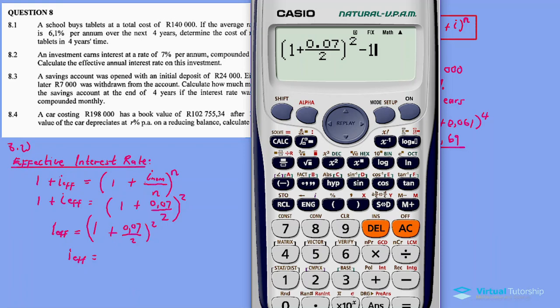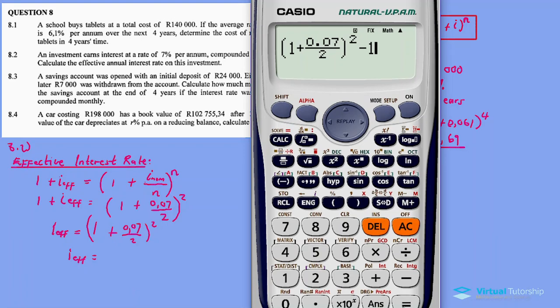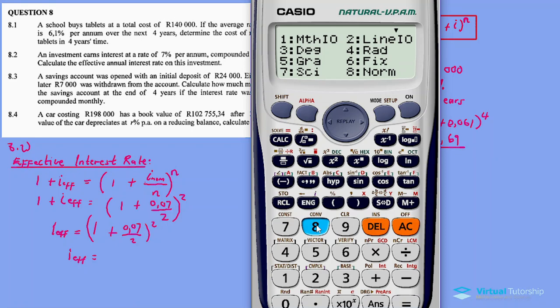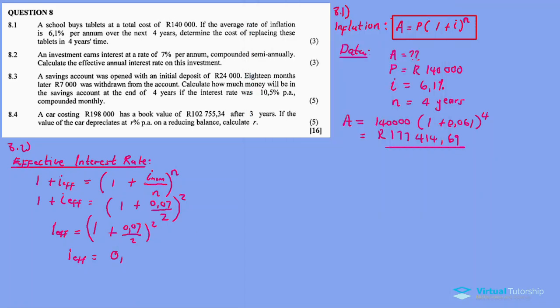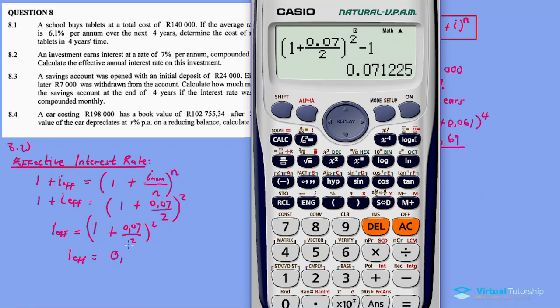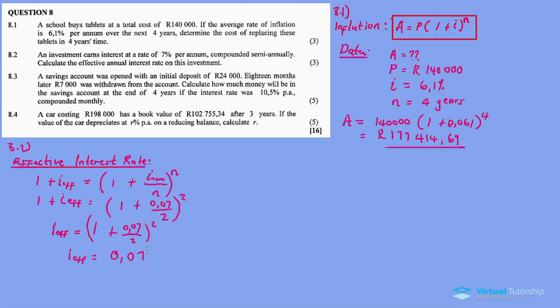Here I don't have to round off to 2 decimal places, so I set the calculator back to normal mode, because I want to see all these decimals, so that I can use the exact amount.